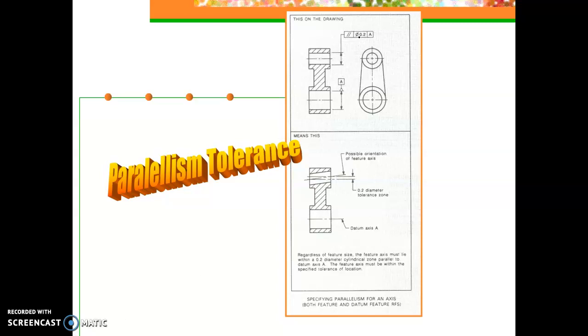And the tolerance zone has a diameter of 0.2. So again, we've got basically like an imaginary cylinder here. If I shade in with my pen, it has a diameter of 0.2. And as long as that axis going through the center of that hole remains within that tolerance zone, it is considered acceptable.